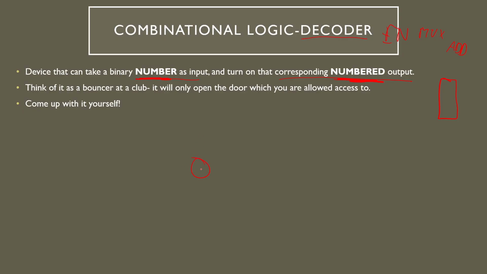So if you are a guy who is under the age of 18, you will only be allowed in the under 18 guys group. There will probably be an over 18 guys. There'll probably be an under 18 girls. There'll probably be an over 18 girls.